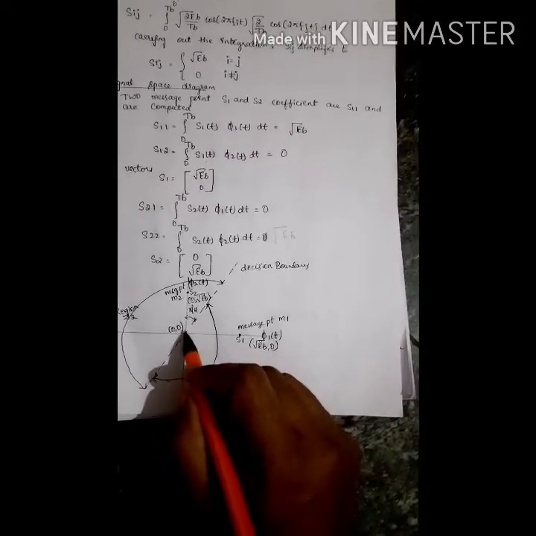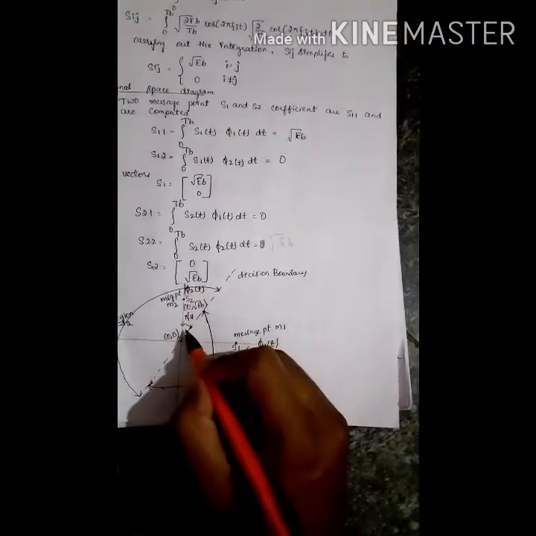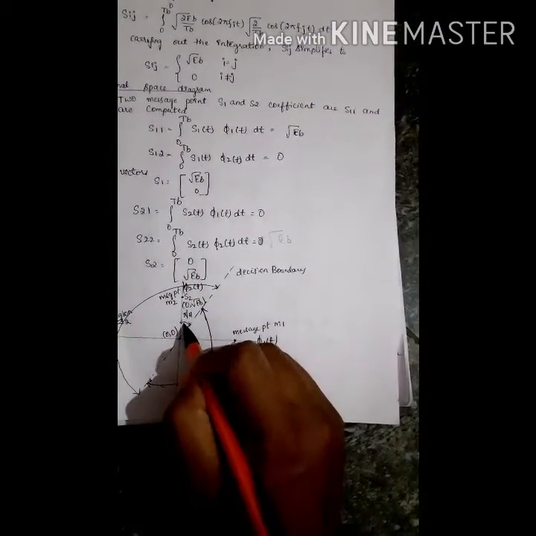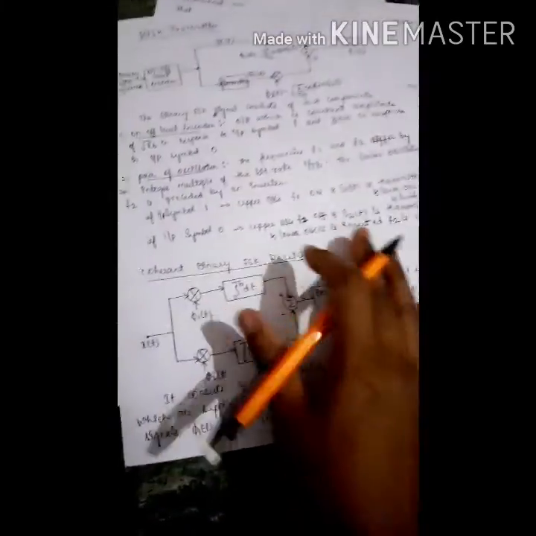The angle of the decision boundary, where the orthonormal axes coincide, is pi by 4. And next is the BPSK.